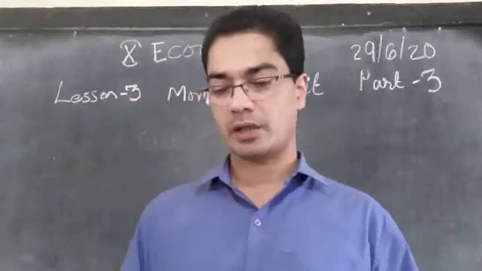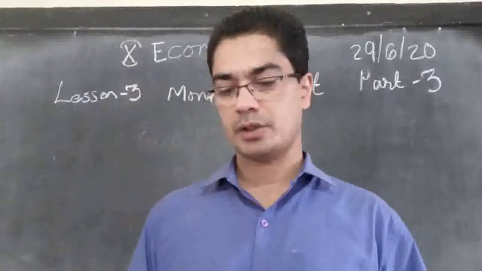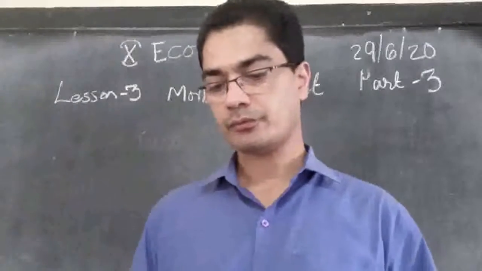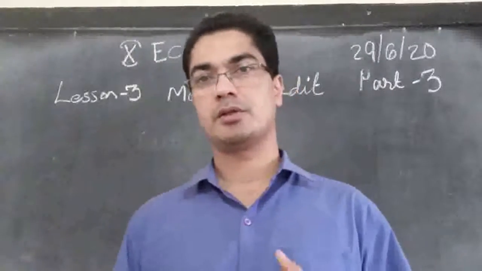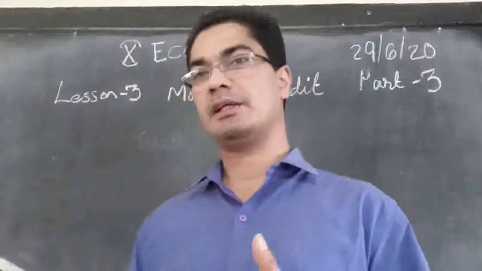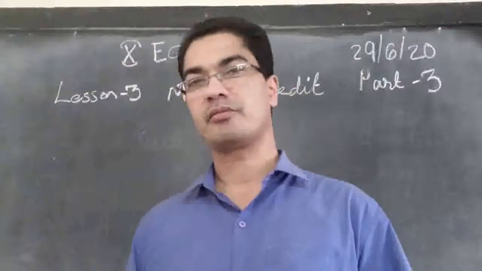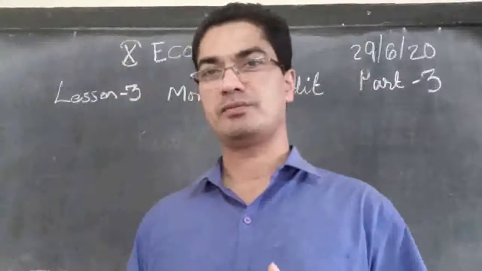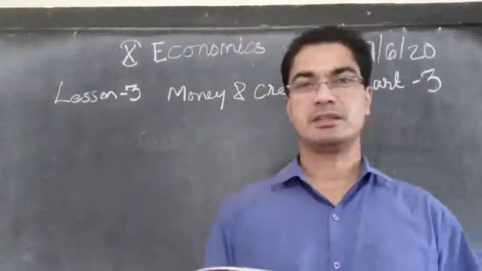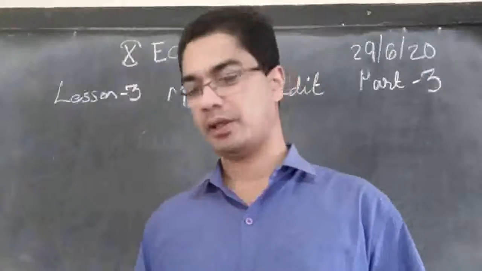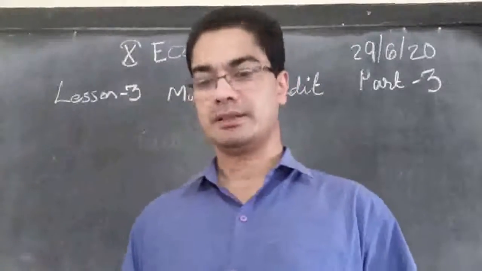The other person was taking 5% per month, and this fellow is taking only 3% per month. So 3% per month means at the end how much will it come to? 3 into 12. How much? 36. So 36% only here. So this is much less.